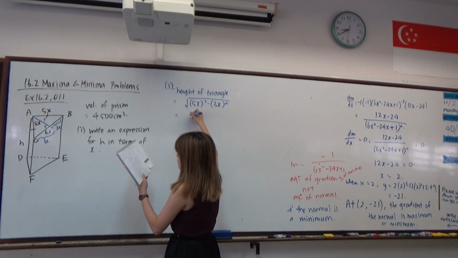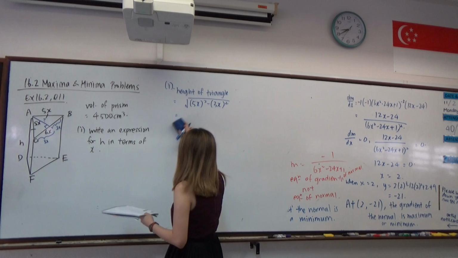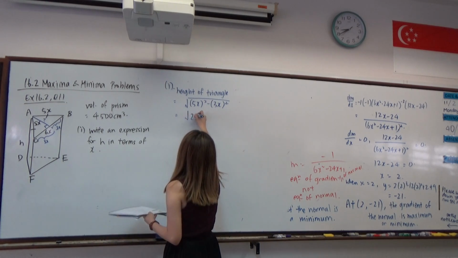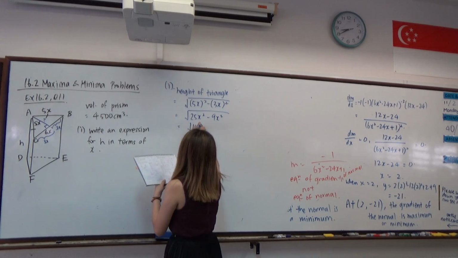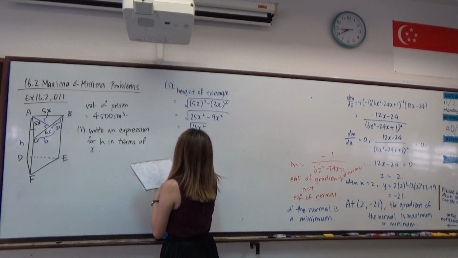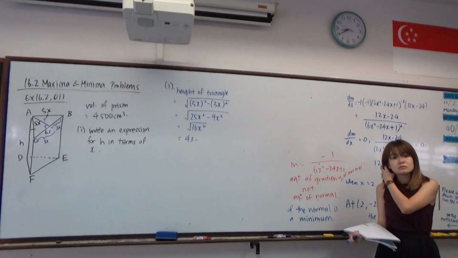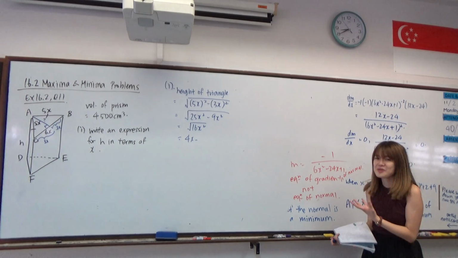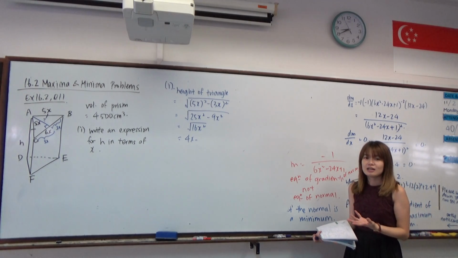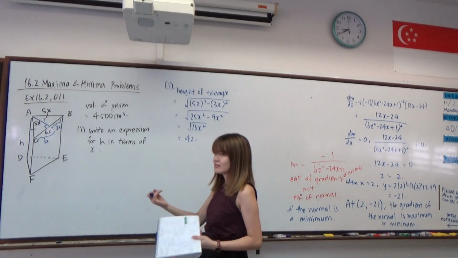So that will give you 4x. 25x squared minus 9x squared equals 16x squared. That will be 4x. If you know that the answer is 4, can you just write 4? No, how do you get 4? You need to put in explicit workings.